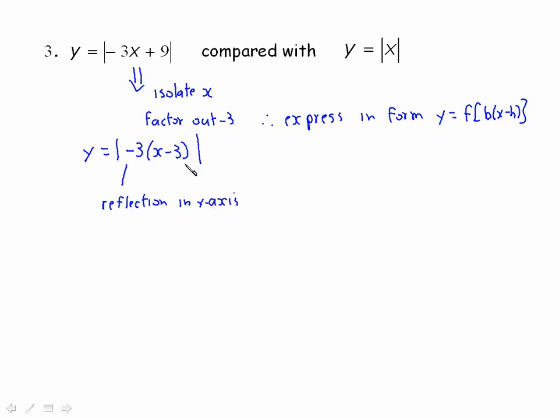But by the book, that's a reflection in the y-axis. The 3 is a horizontal stretch, but by a factor of 1/3, the reciprocal. So you have to recall that the b value that affects the horizontal stretch, you will have to take the reciprocal of it. And then a horizontal translation of 3 units to the right.